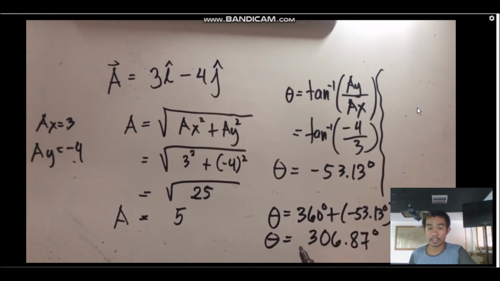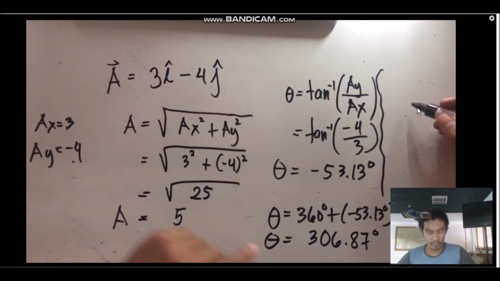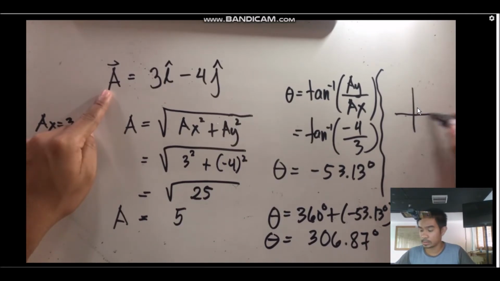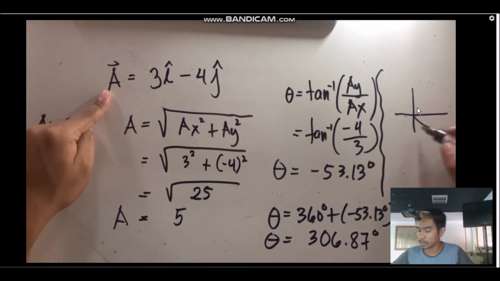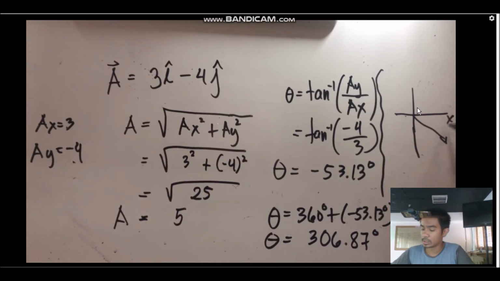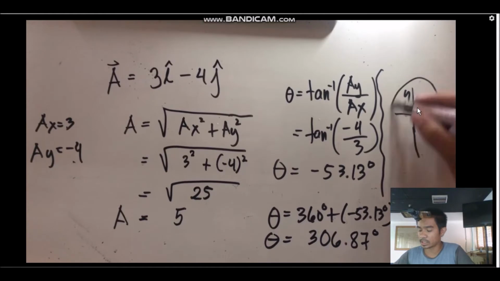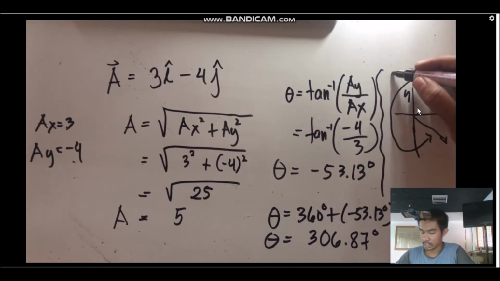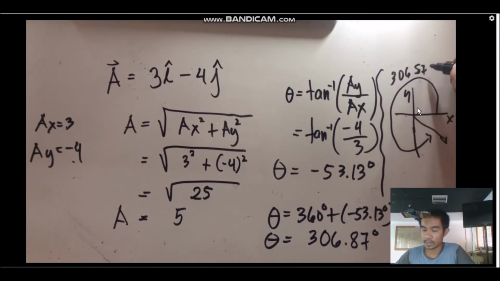So this is the direction of vector A, the fourth quadrant, I mean. If it is measured in the counterclockwise direction from the positive x-axis, then we have 306.87 degrees, which is between 270 and 360 degrees.